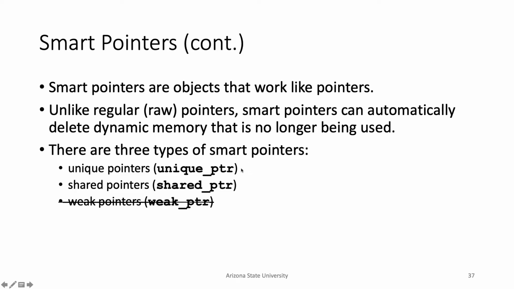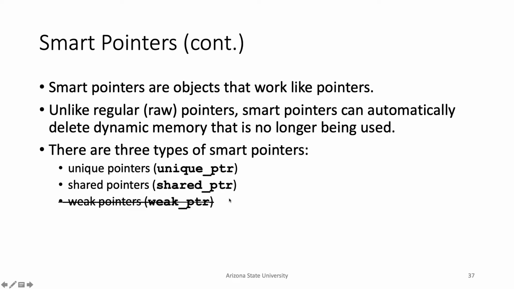There were three types of pointers in C++. This third one, the slides originally had it as okay, but I crossed it out because it's deprecated, I believe, or it's actually very dangerous for other reasons. So the two that you should focus on are unique pointer and shared pointer.